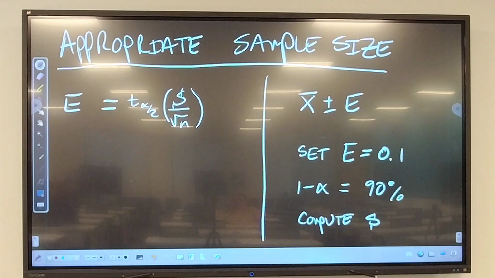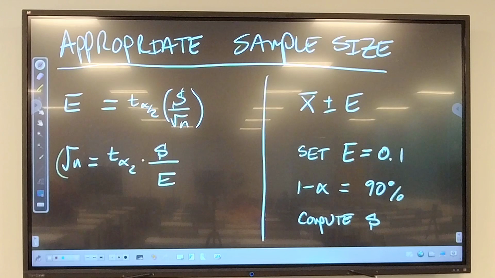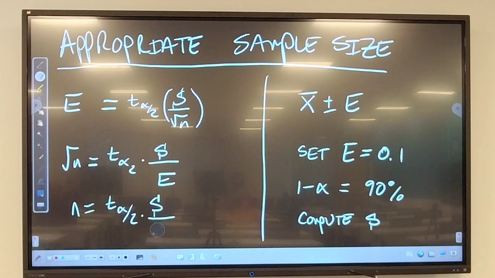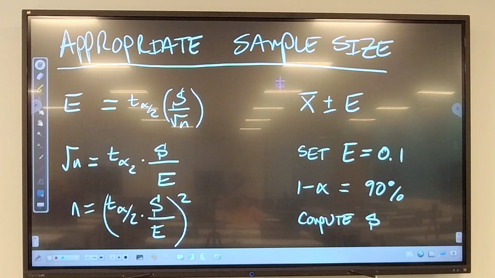And if you just solved it for n, then you would have the square root of n is this number times s over that margin of error, and then you just square both sides. So that way n is all of this squared.